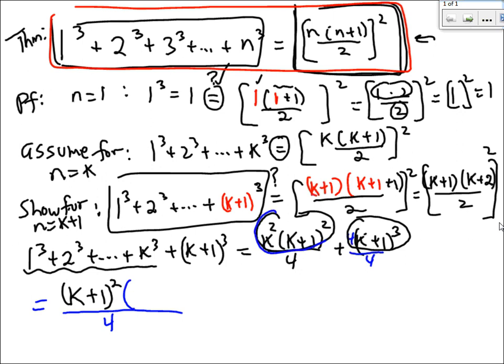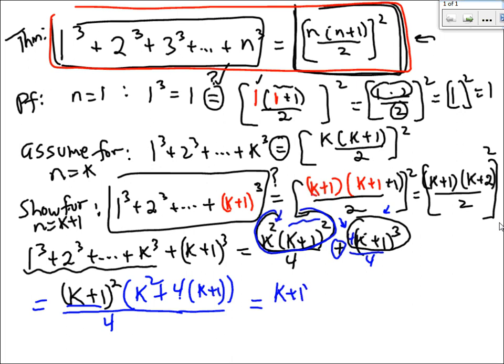So I have k squared plus, with 2 factors of k plus 1 squared in front, another k plus 1 left over. And this becomes k plus 1 squared times k squared plus 4k plus 4, all over 4.